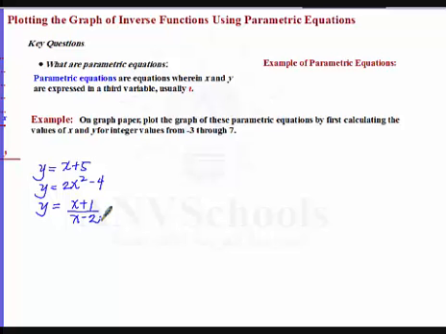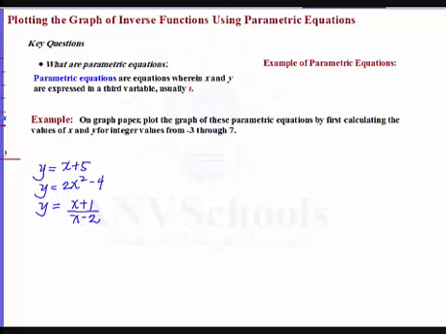Now, all we knew and all we have seen are equations with two variables, x and y only, or if it's not x and y, it's another variable. It could be any variable, but not with a third variable t. And this is where parametric equations come in. So parametric equations are equations with t variable as the third variable.